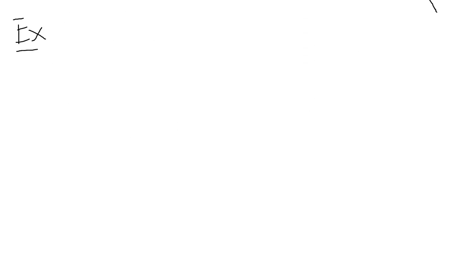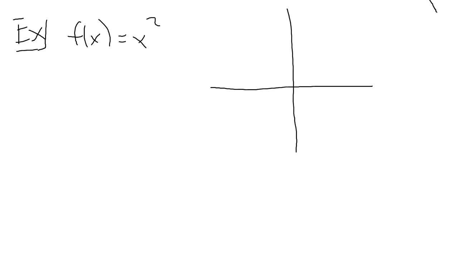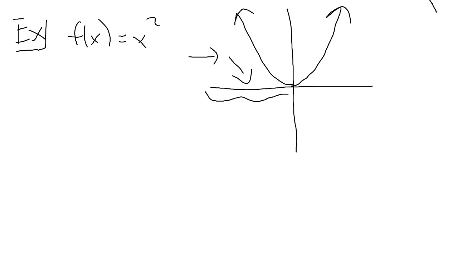All right, so quick little example. The function x squared, which we know looks like this. So when is the function going down when scanning from left to right? So if we're scanning this way, it looks like it is going down all the way on this left side of the y-axis.